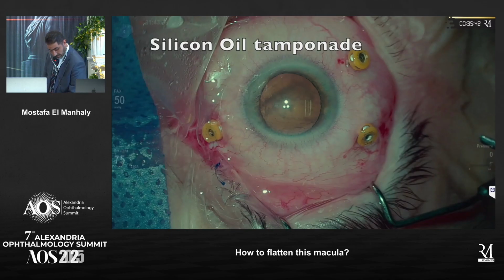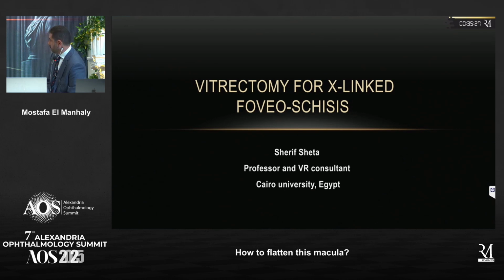Previously, in our early eras, we had been doing these cases just by buckle and closing the peripheral break. So you have to search, even if you have a macular hole, you have to search for a peripheral break. And if you don't have any, then you have no excuse except to drain through the hole.